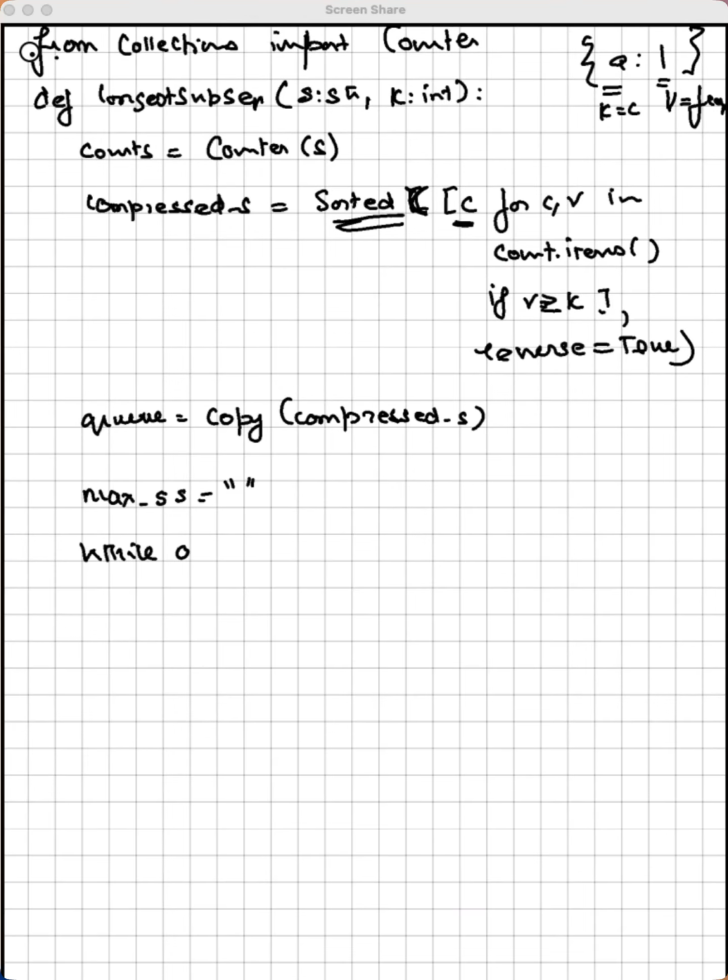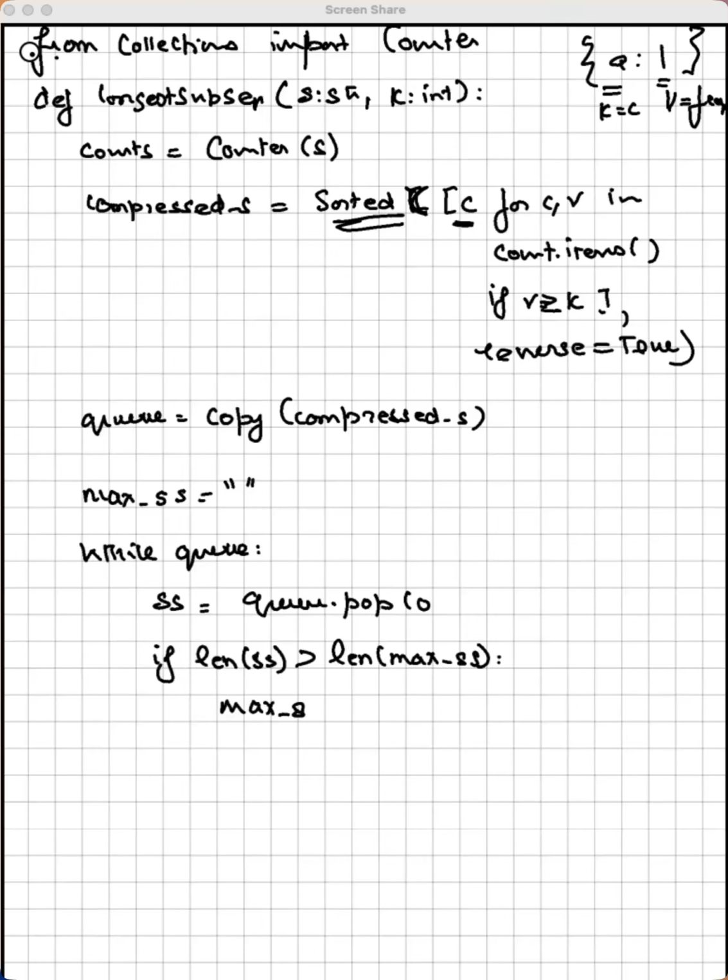While Q has some elements, you take a subsequence from the Q. Now check if this is longer than max: if len of SS is greater than len of max SS, then this new subsequence becomes the max SS.